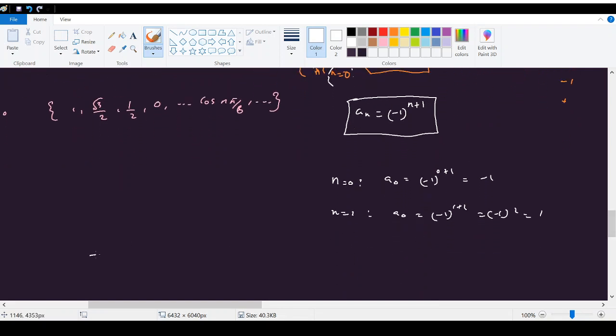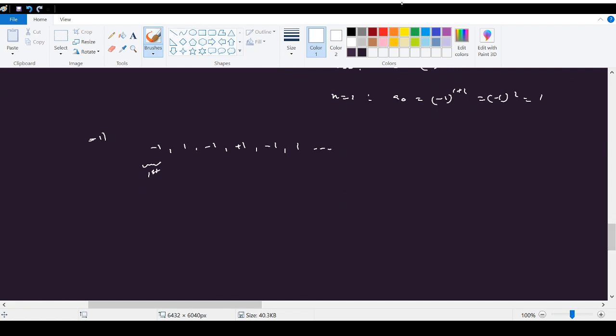So anyway, if this is the main sequence that we consider, like this, and this is the first position, then the first position can correspond to n equals 0 in the second case, and n equals 1 in the first case.